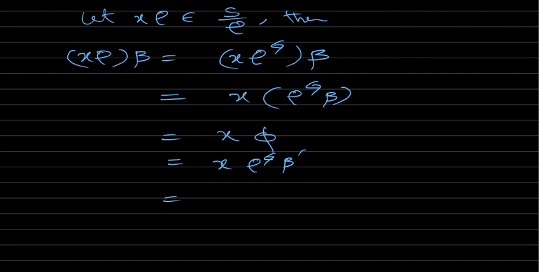And this is again equal to x rho of beta dash. So beta is equal to beta dash. This proves the theorem completely.